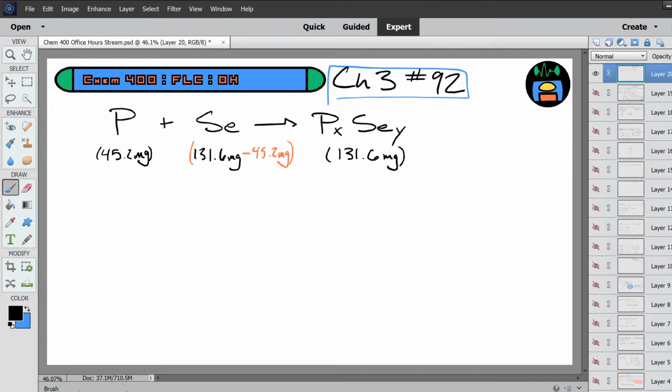So that means we have 86.4 milligrams of selenium. All right, so now that we know how much phosphorus we have, how much selenium we have, we can take these masses, convert them to moles, and once we have them in moles, we'll plug them in here for X and Y and determine our empirical formula.